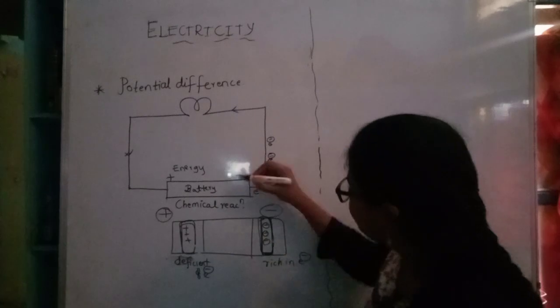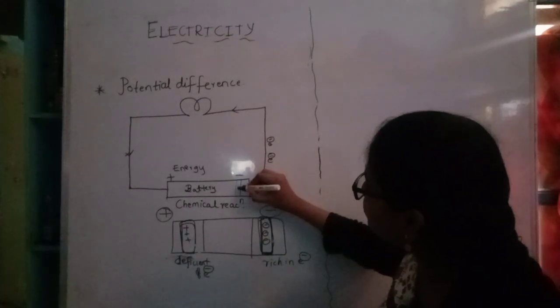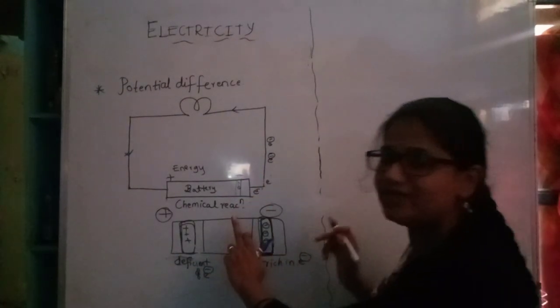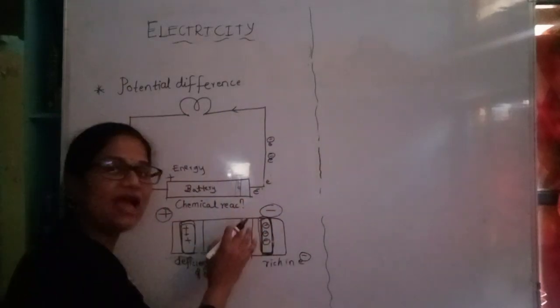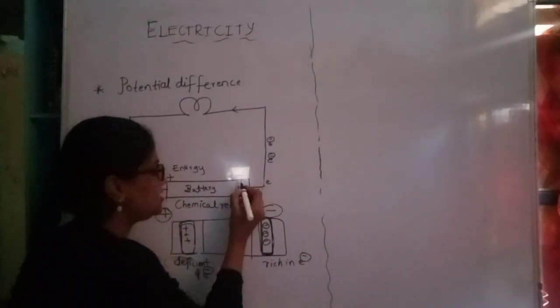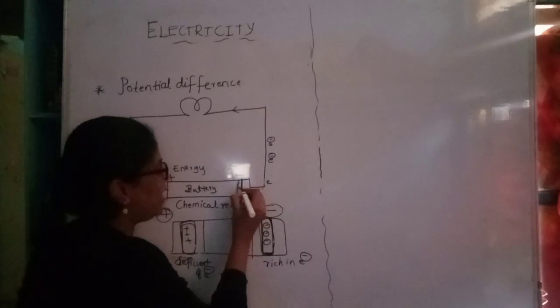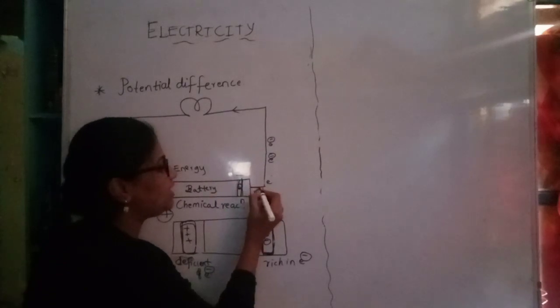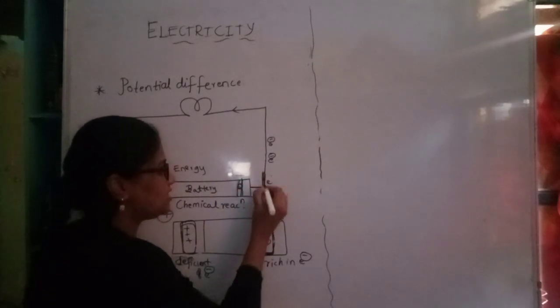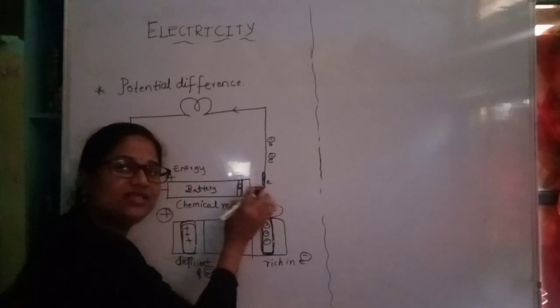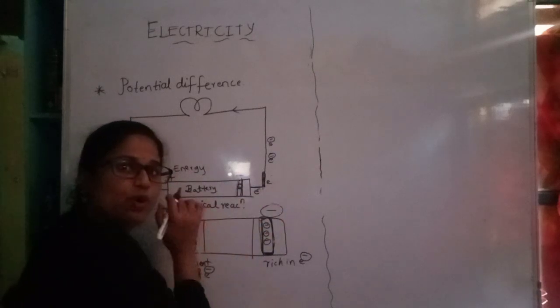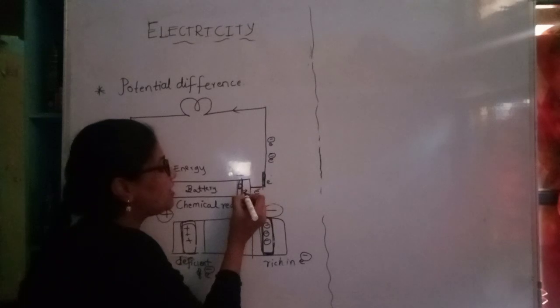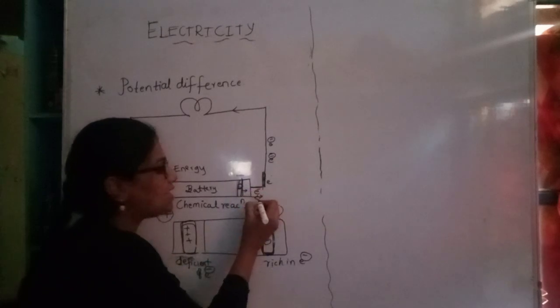What happens here is that the negative end of the battery has negative charges, and the conducting wire, suppose this is copper, also has negative charges. So there will be a repulsion between these charges.